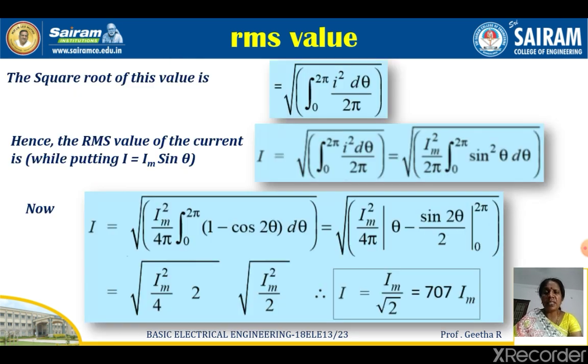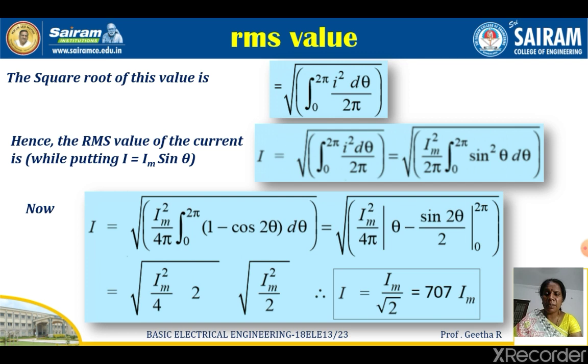Now substitute for i is equal to Im sin theta. You will get Im squared by 2 pi, integration 0 to 2 pi, sin squared theta d theta. When you substitute for sin squared theta as (1 minus cos 2 theta) by 2 and then integrate, you will get Im squared by 4 pi, theta minus sin 2 theta by 2 with the limit 0 to 2 pi.